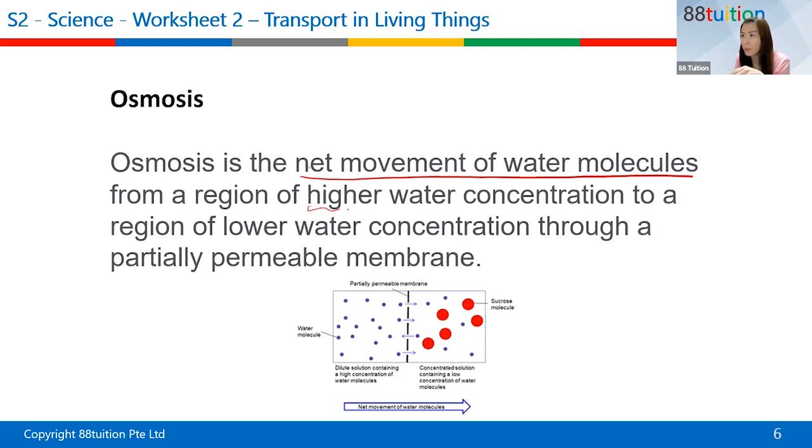Okay, important words. To a region of lower water concentration, and it passes through a partially permeable membrane. This is important. Osmosis can only take place when there is a partially permeable membrane.